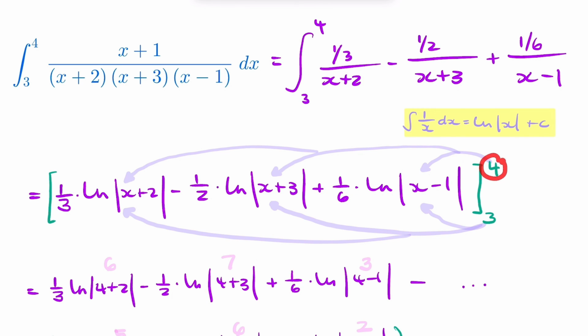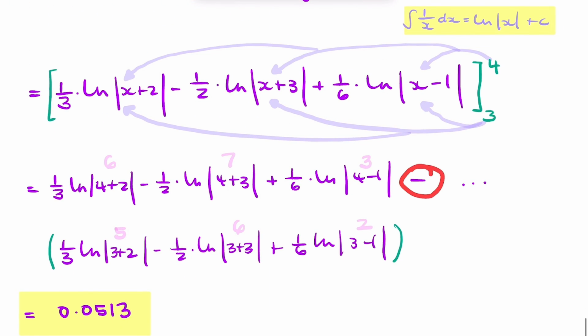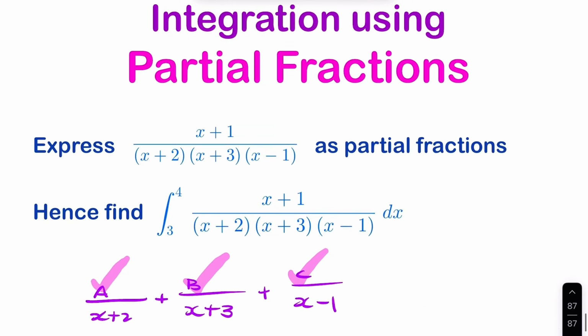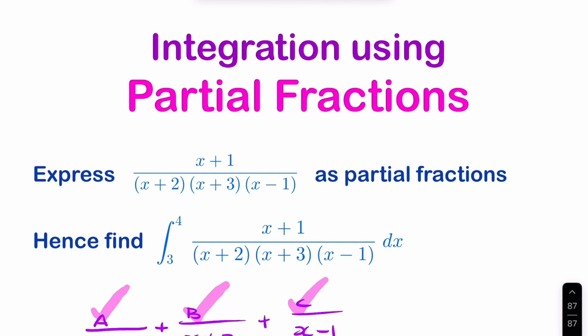And make sure that when you substitute your limits, you subtract. So you first substitute the 4, the upper limit. And then you substitute the 3, and you make sure you subtract. Okay, so that was integration using partial fractions, and I hope you found that helpful.